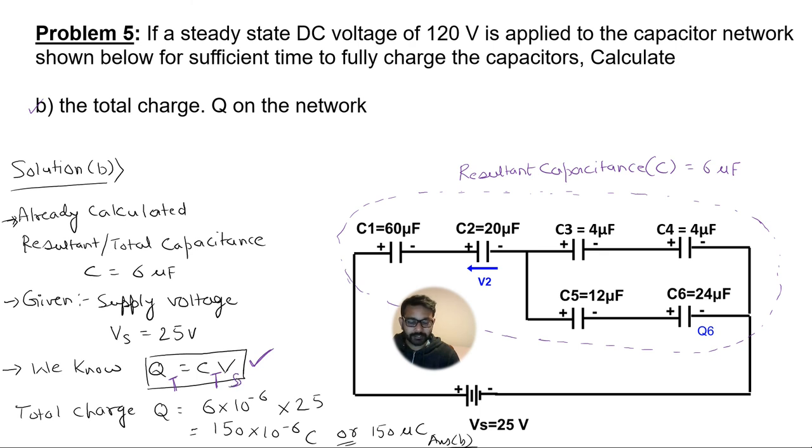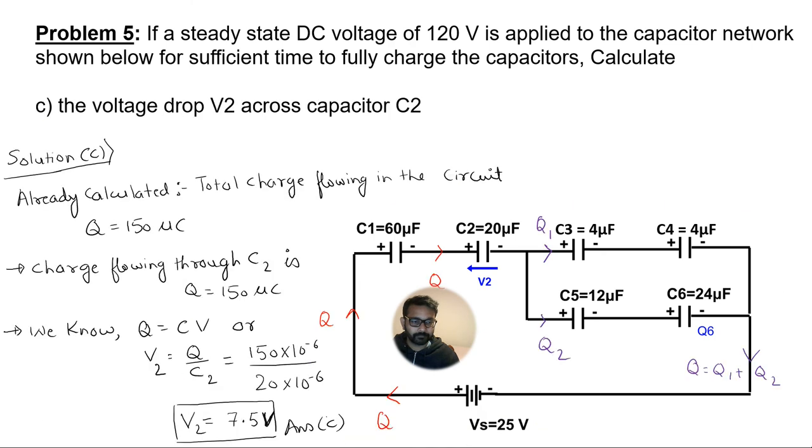We have just now calculated the total capacitance as 6 microfarads. The supply voltage is given as 25 volts. We substitute both values in the formula, and doing the calculations carefully, we end up getting 150 multiplied by 10 to the power minus 6 coulombs, or 150 microcoulombs. So that was part B.